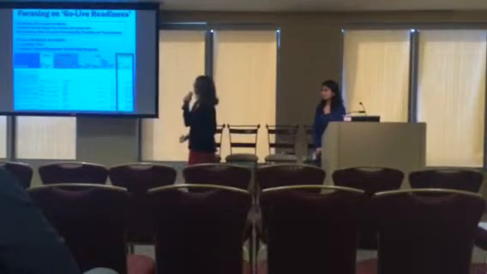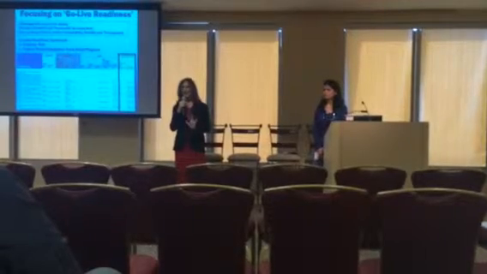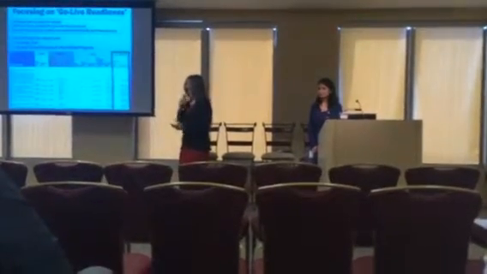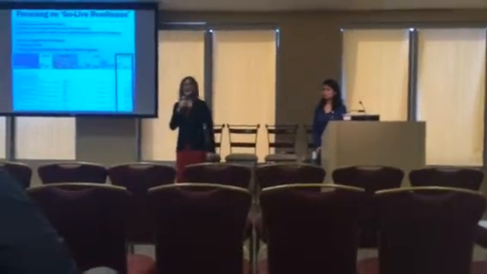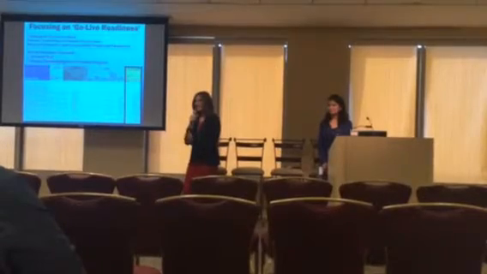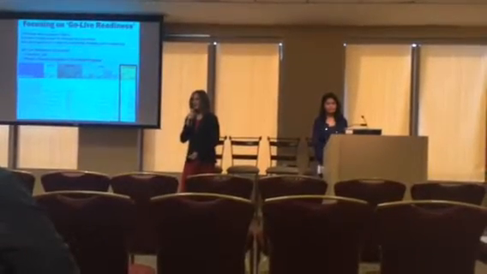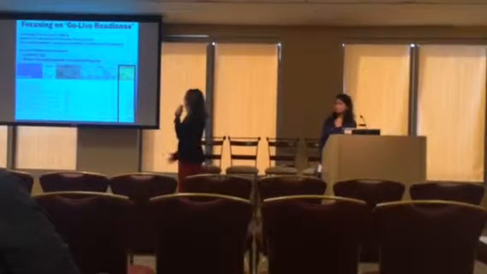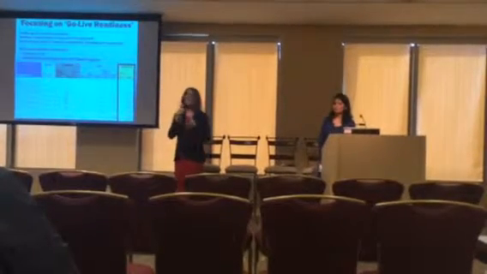Then we had another spreadsheet for testing. When all the requirements were done, we were ready for testing. We had the same requirements in a testing spreadsheet, and we would mark that these are ready for you to test. As the users started testing, they would say they were complete. And anyway, it got to be a lot of spreadsheets.